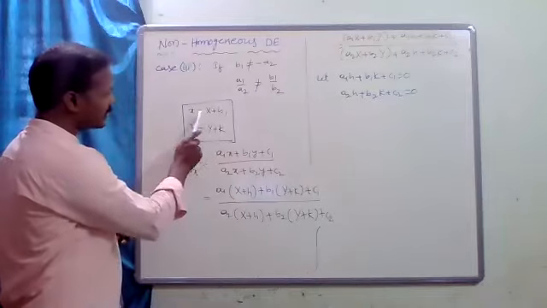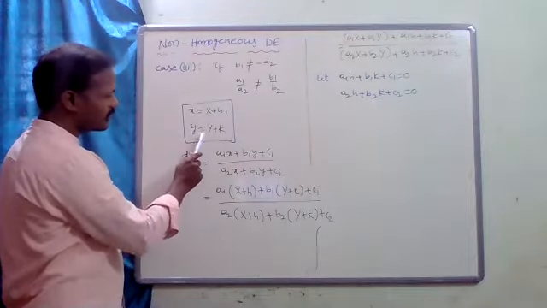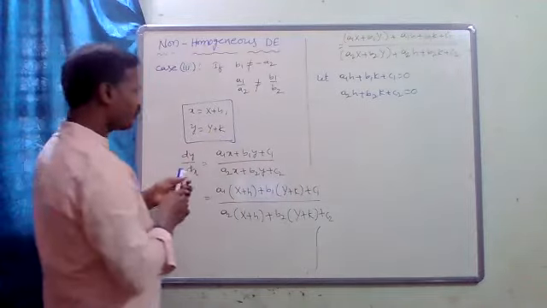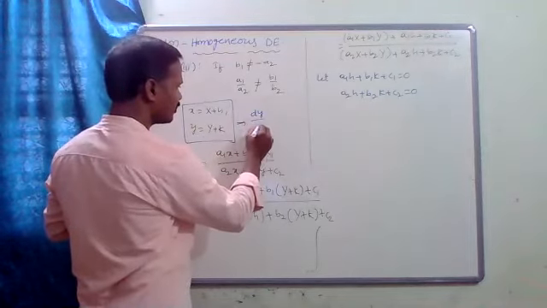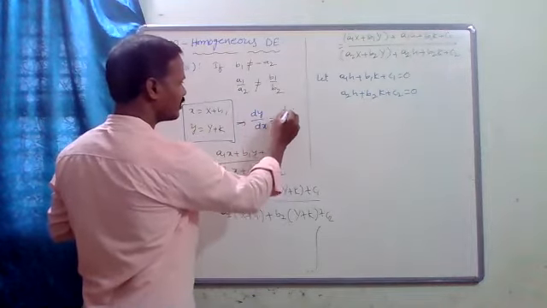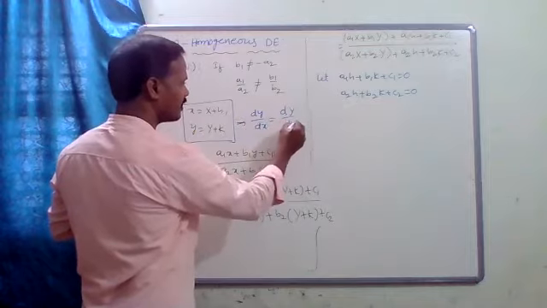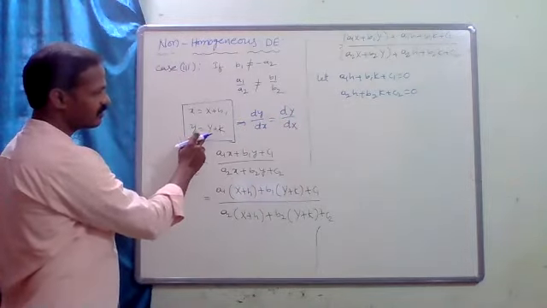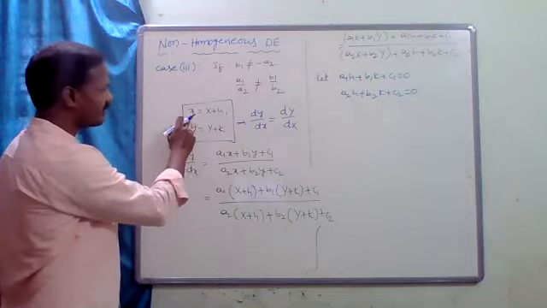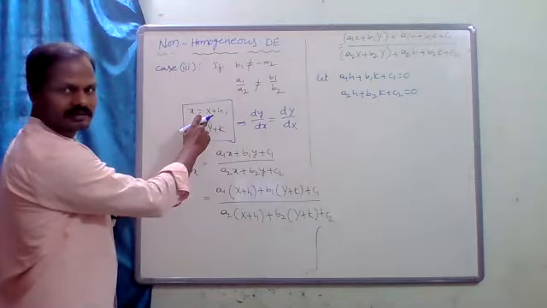Actually, if you take x equal to capital X plus h, y equal to capital Y plus k, from this, what about dy by dx? dy by dx is nothing but dY by dX. Yes or no? dy is dY, dx is dX.